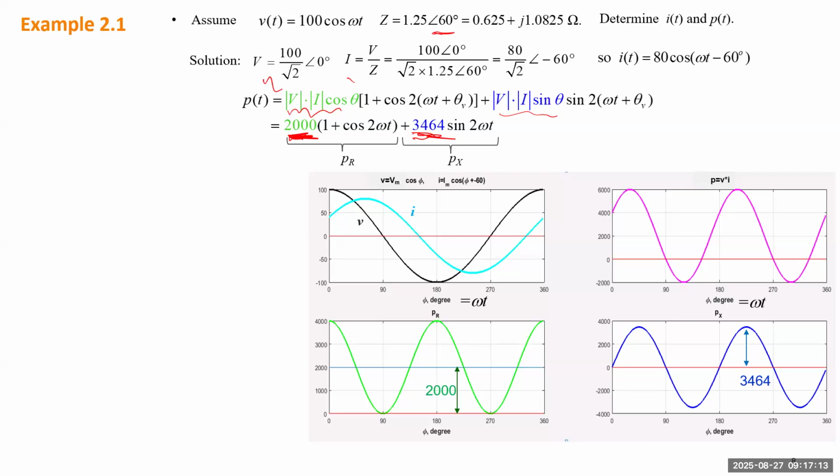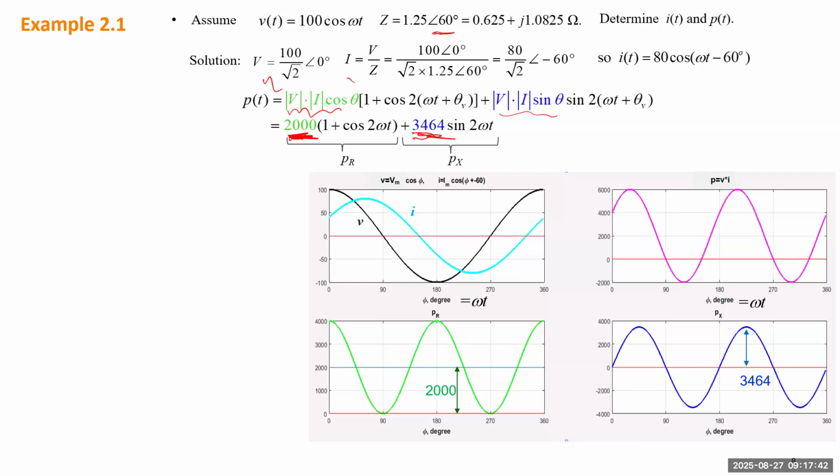The second item doesn't cause any energy consumption, but it tells a certain pattern for the load to exchange energy with the source. For example, if this area is positive, which means for this 90 degrees, and 90 degrees is a quarter of the full period of the voltage and current, the energy consumption by the load is positive.